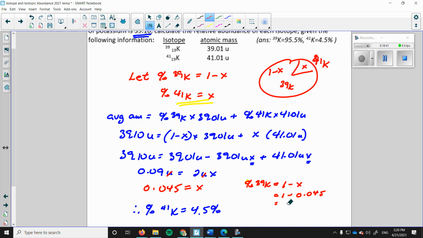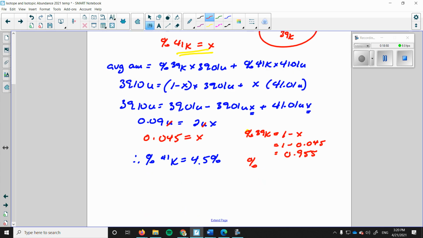And we end up with 0.955. So the percentage of potassium 39 is going to be 95.5%. There you go.